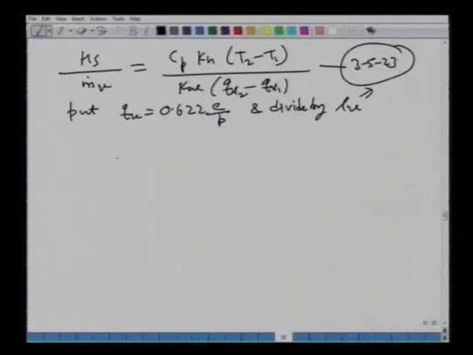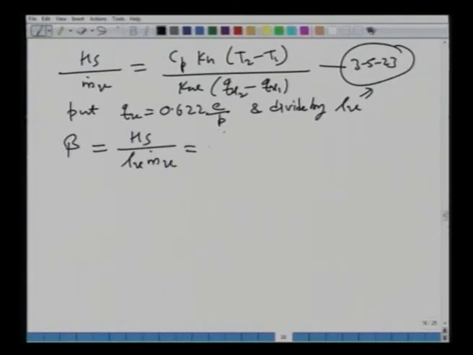On the left hand side, if you see, it is H s over m v dot. All right. So, if we divide this by L v, we will have on the left hand side what? H s over L v m v dot, which is equal to what? The Bowen ratio. That is what we are trying to find out.